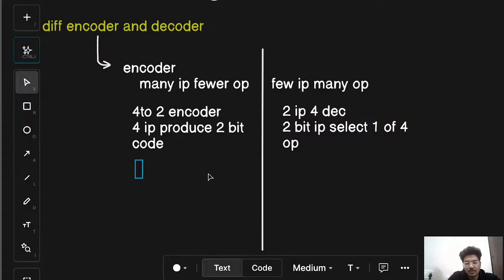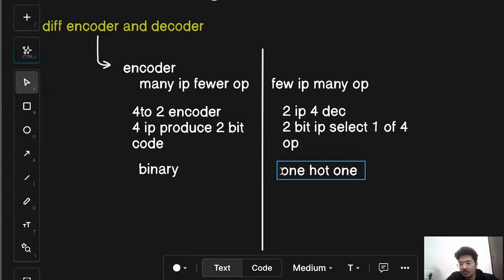The output style is a binary representation in the encoder, whereas in the decoder only one output is high. One-hot means only one output is high. A normal encoder is ambiguous if multiple inputs are active, so a priority encoder is used, for example in keyboard encoding and interrupt encoding.